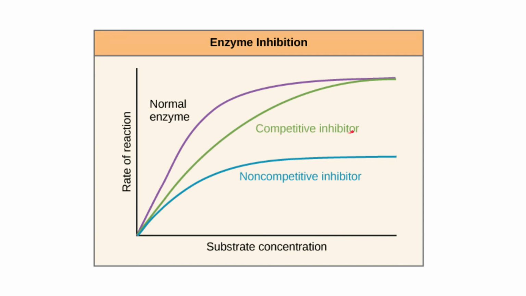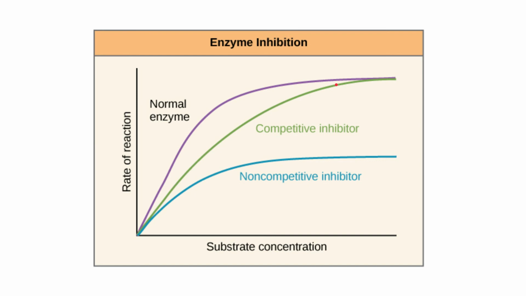Here we've got a competitive inhibitor. Now picture having a set concentration of competitive inhibitor in the reaction tube, and you can see that the rate of reaction with that competitive inhibitor is lower than the rate of reaction in the tube without any inhibitor. But as we increase substrate concentration, the rate of reaction actually finally reaches the same rate as in the tube without any inhibitor.